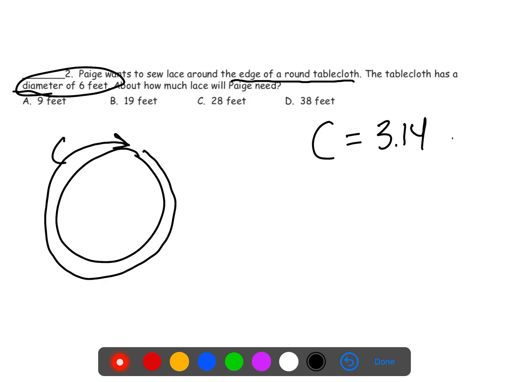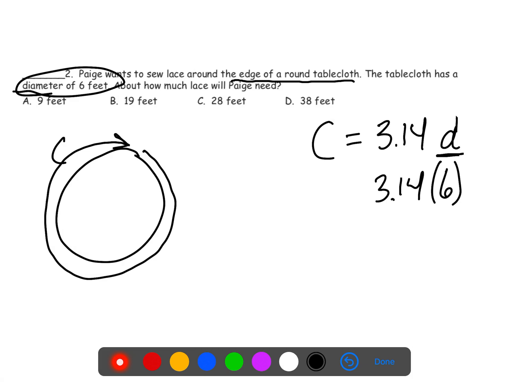3.14 times d, diameter. And my diameter is 6 feet. So I'm just going to replace my variable that I know with 6 feet. I'm going to take 3.14 times 6.